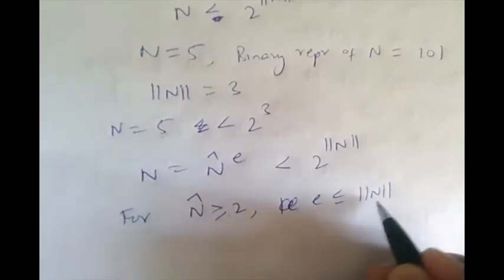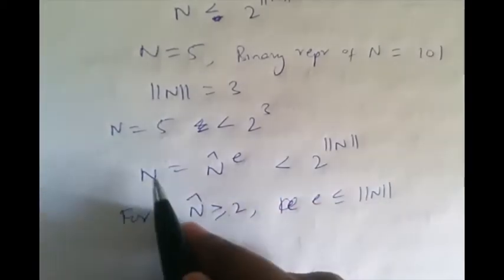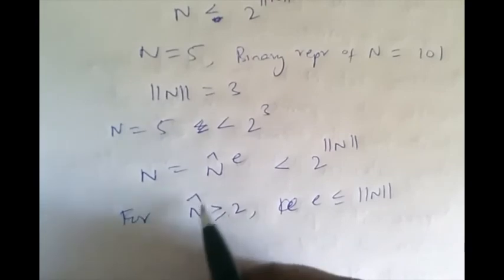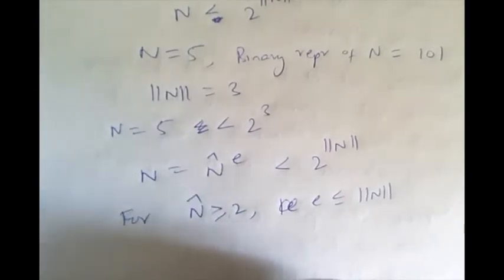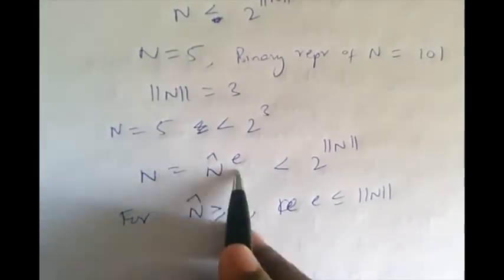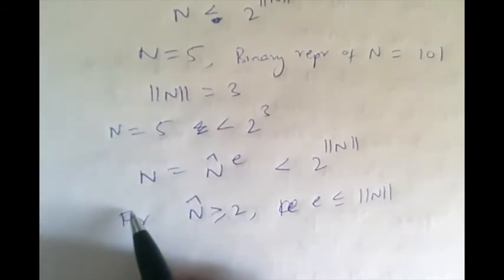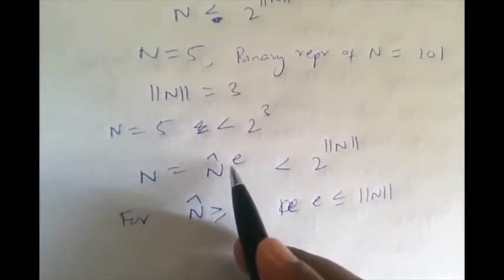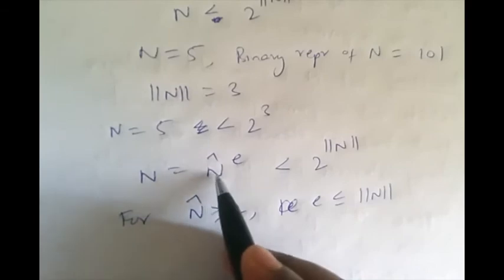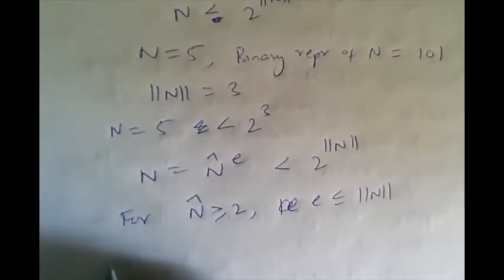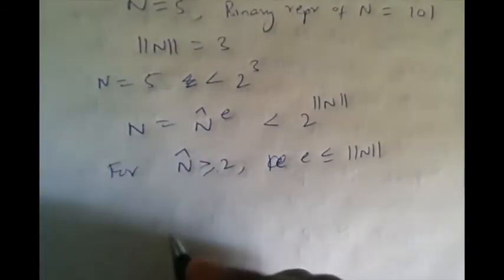So what we do is that given n, I want to check whether it is a perfect power. First, calculate the square root using real arithmetic. Just compute the square root of n. If there exists an integer n hat such that n is equal to n hat squared, then we know that n is a perfect power.